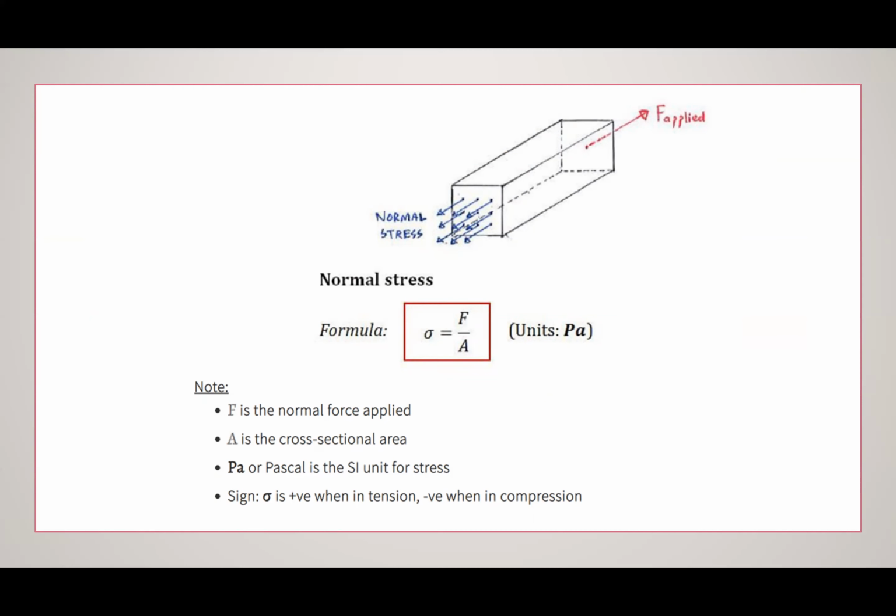If the length of the wire or the volume of the body changes, the stress is normal. Normal stress can be further classified into two types based on the direction of force. They are tensional stress and compressive stress.